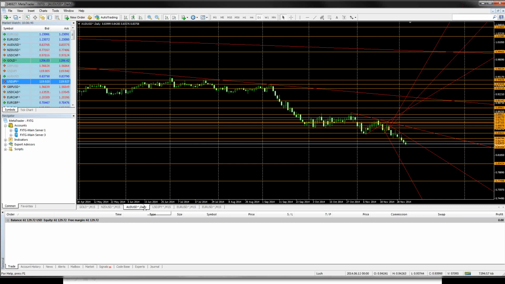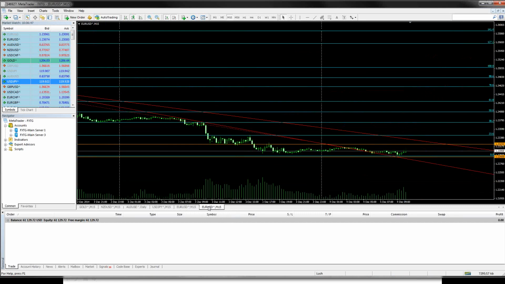Now, with the Fibonacci extensions, or retracements, as I might say, or ratios, whatever you want to call them, the important ones I always tend to see are the 38.2, the 50, 61.8, and 127.